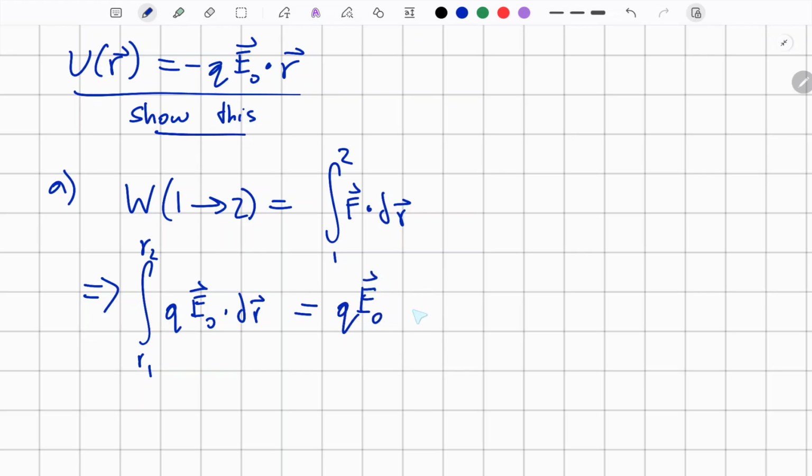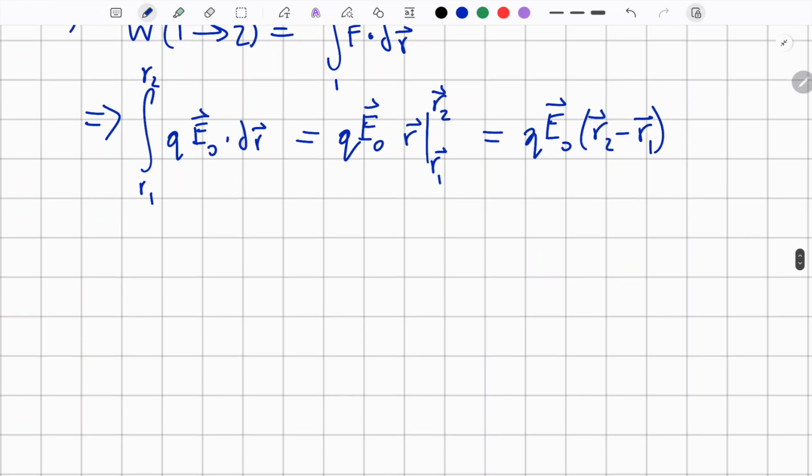That just leaves us with R, and we're going to go from R1 to R2. So this is going to be Q E naught times R2 minus R1. That is going to be our work.